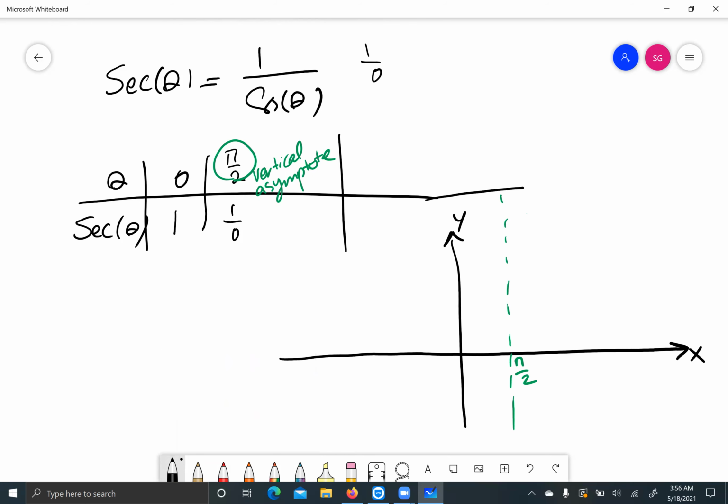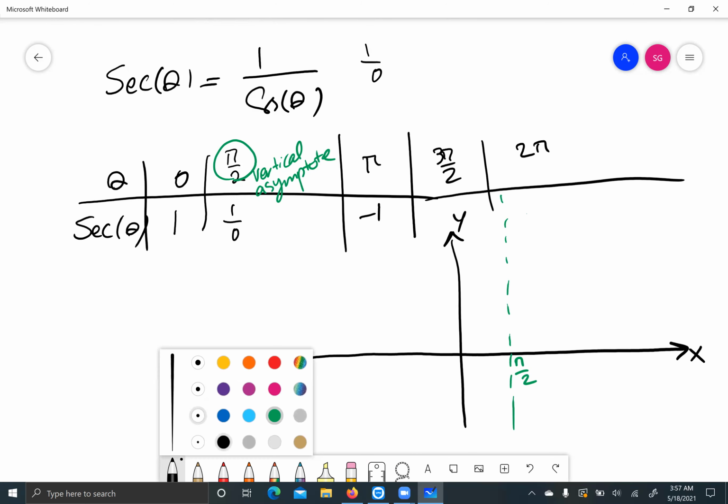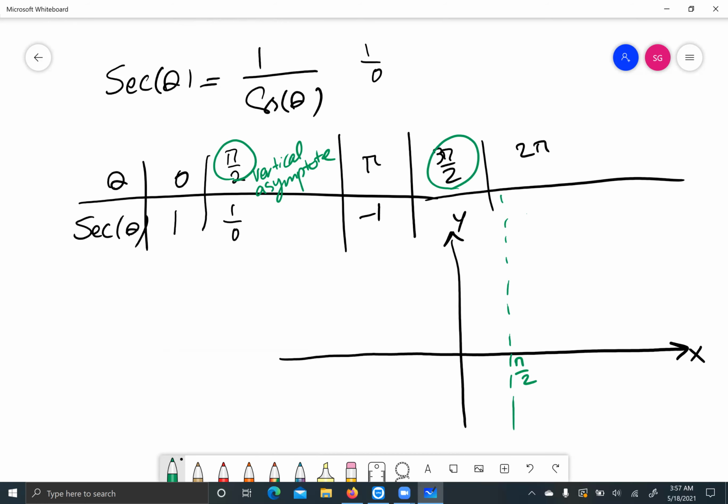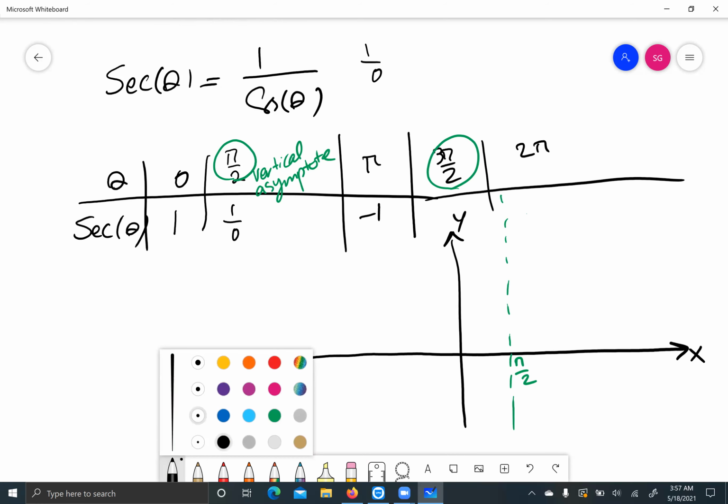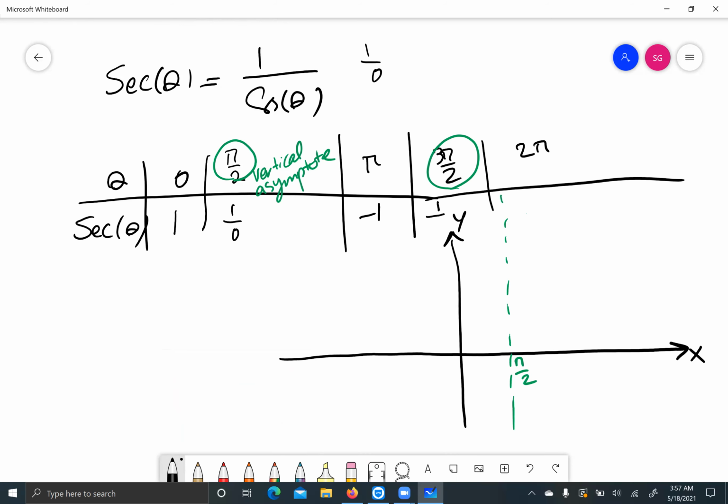Let's try a couple more values, like pi, 3 pi over 2, and 2 pi, for example. At pi, this is going to be -1. At 3 pi over 2, again we get a vertical asymptote because it's going to be 1 over 0.